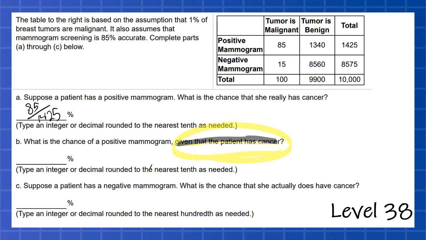It says given that the patient has cancer. So that means we're going to start by looking right here. And it says, what is the chance of a positive mammogram? And so a positive mammogram is going to be right there. And so we can go ahead and answer our question with, again, 85. But our denominator this time is out of 100.